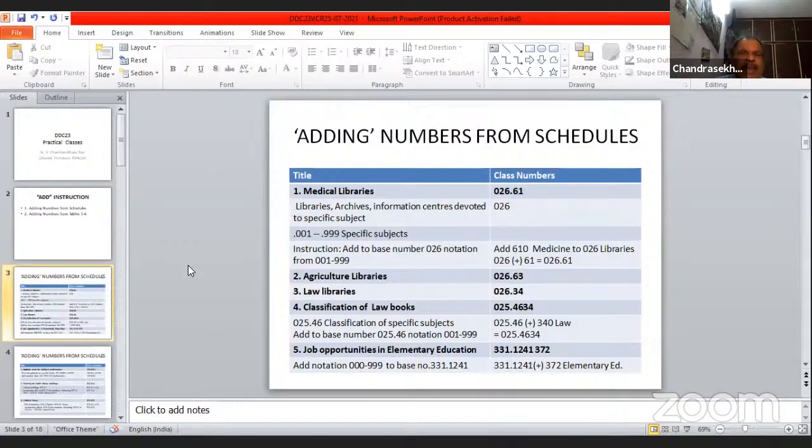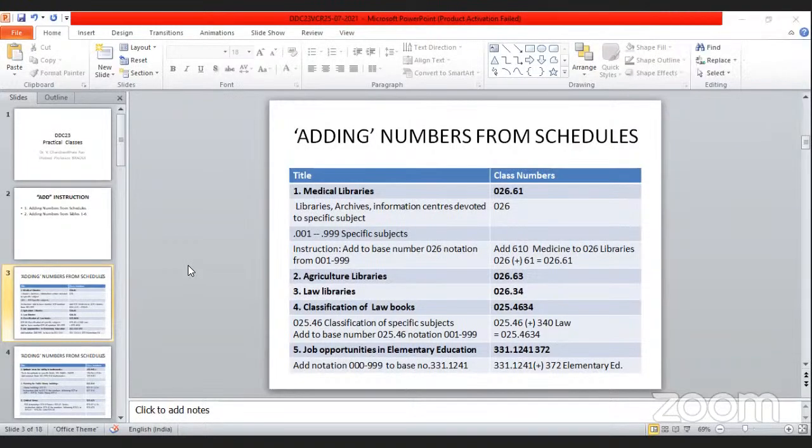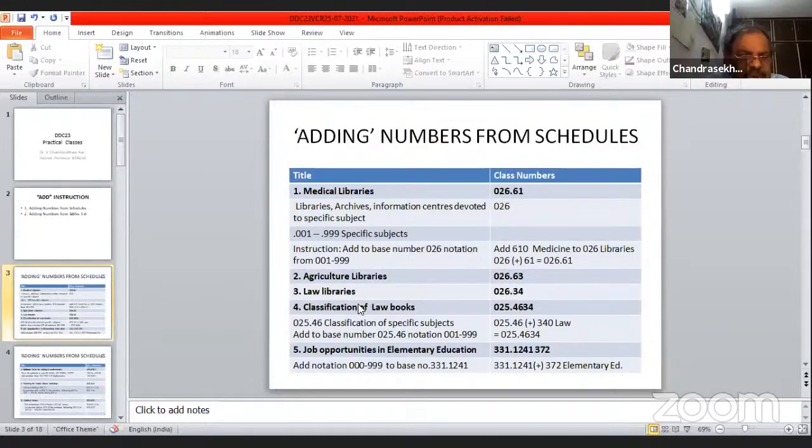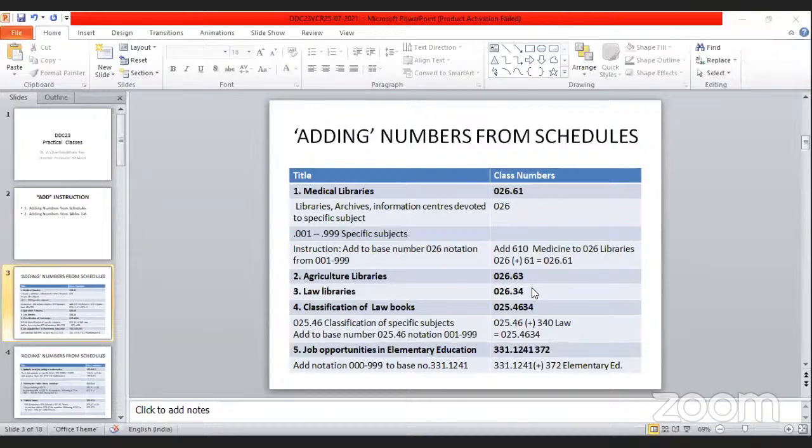Okay, and religious libraries. Sir, in the slide, classification of law books, 25 is there. Yes, sir, that I will come to. Now let me complete up to this. This is very important.